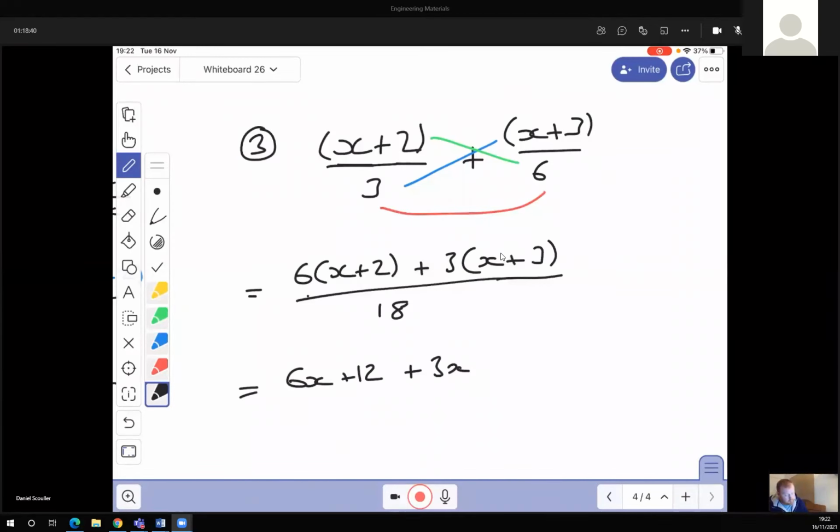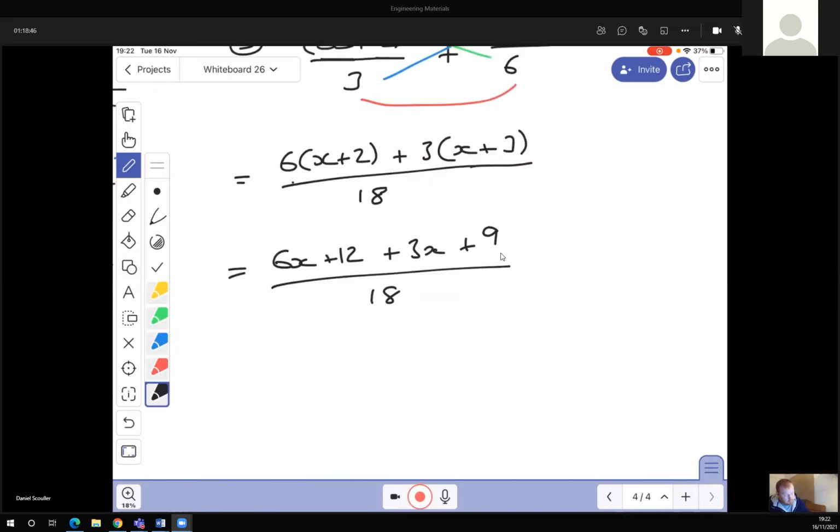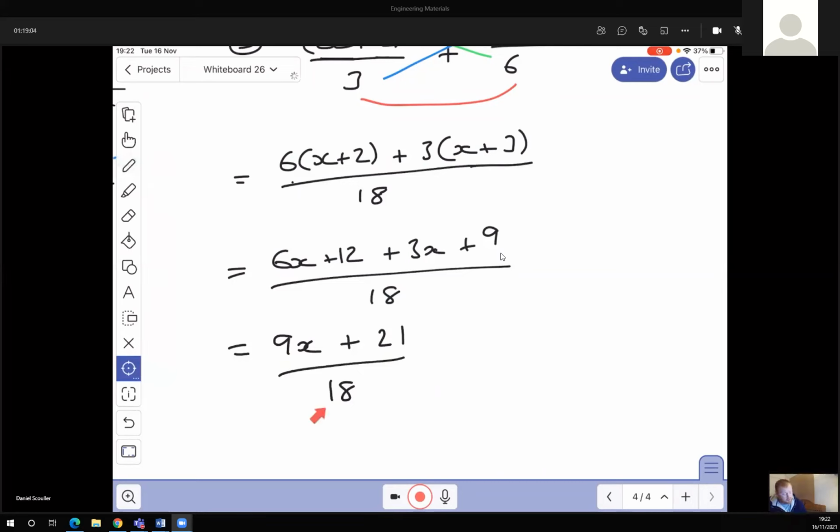Just be careful with the symbols and the signs, okay? You might get to that point. What you want to recognize here is, can I take that any further? Can I simplify that any further?